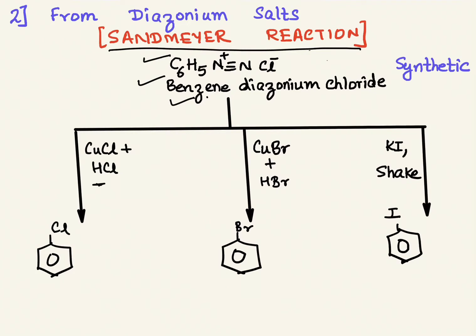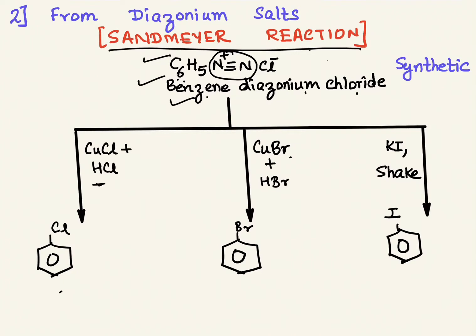See, it is easy. What do we have over here? Benzene diazonium chloride. Now, diazo is this group, N triple bond N, which is attached to the aromatic ring. Benzene diazonium chloride on treatment with cuprous chloride and HCl gives you chlorobenzene.